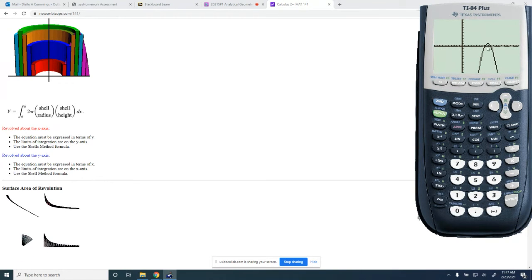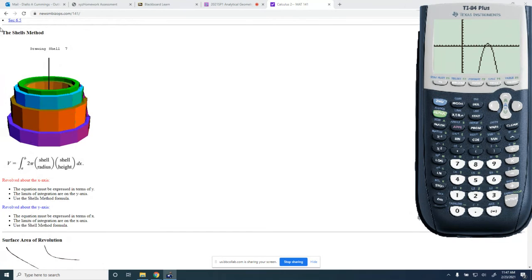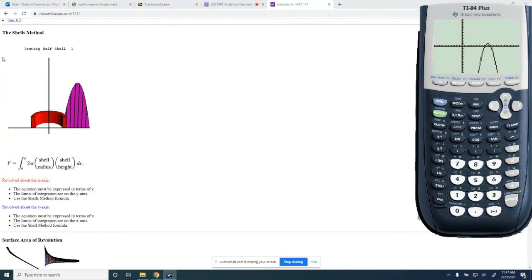So if we look back at our graph, our limits of integration are from here to here. Okay, so we're going to figure those out. So we're going to use the shell method.